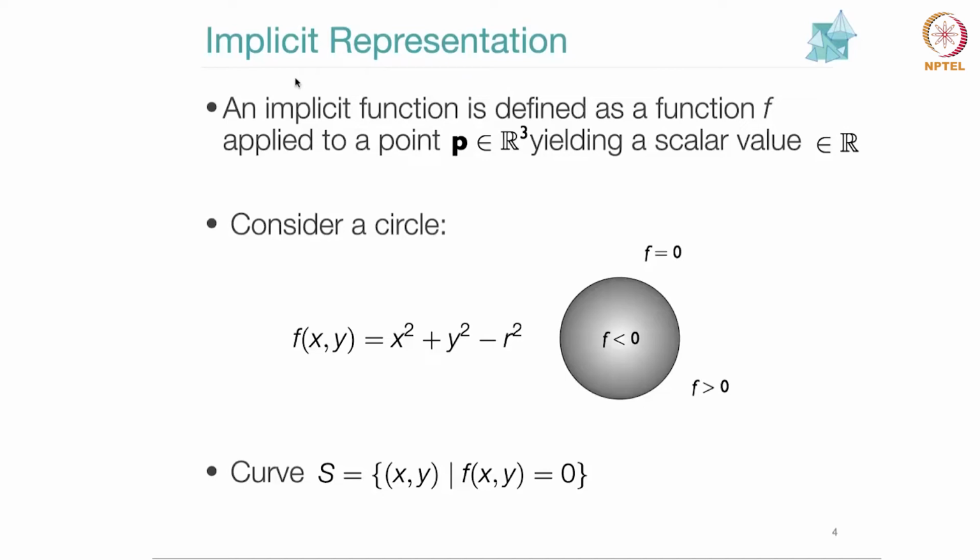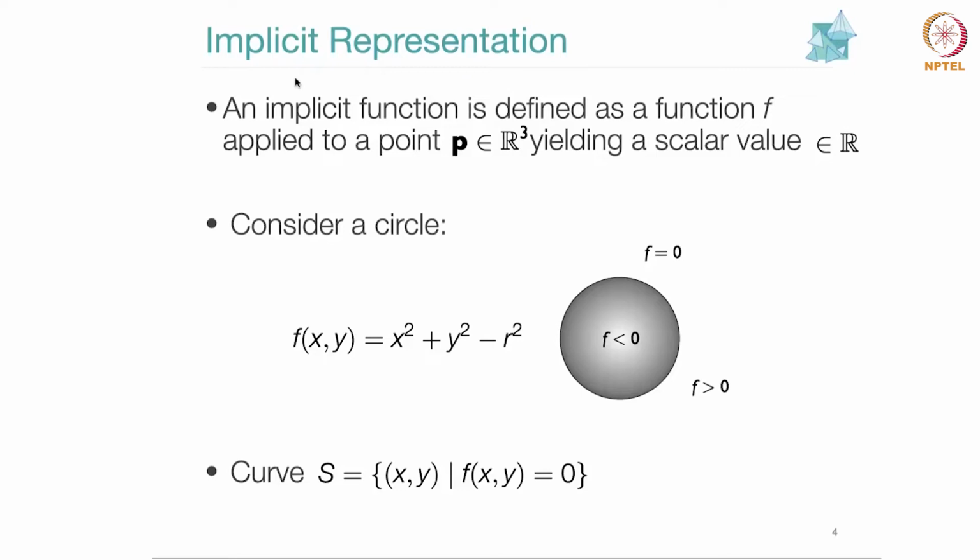This is defined in terms of the locus of points that move on the circle, right? So all points (x, y) that satisfy this equation x squared plus y squared minus r squared equals 0 belong to the circle. Now, what else can you say about this implicit form?